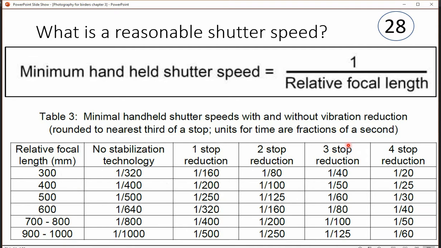I quite like shooting about 3 stops. I find that's fairly reliable. And these are the shutter speeds. Now keep in mind that this isn't for panning and that this isn't for a creature that's moving. Okay, this is for something that's still. This is to keep the camera from vibrating.